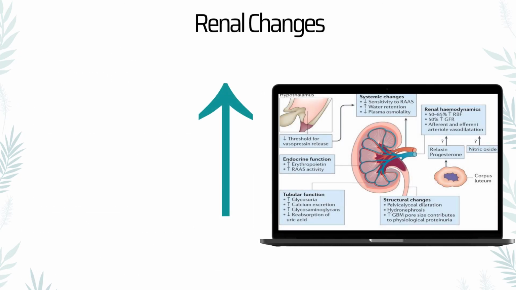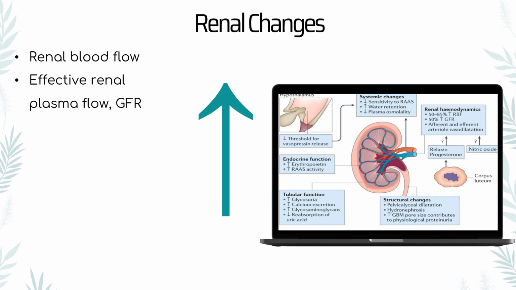The renal changes. Renal blood flow increases markedly due to the increase in the cardiac output and the vasodilatation. Effective renal plasma flow increases by 60%.